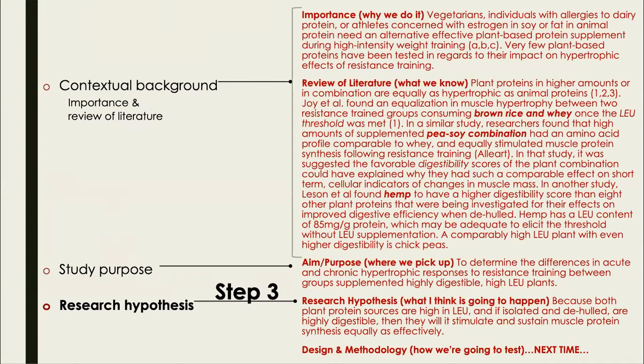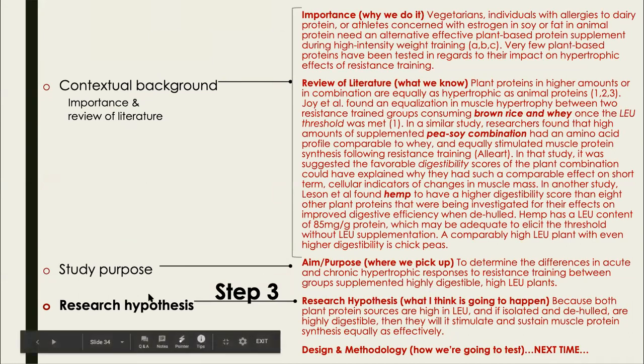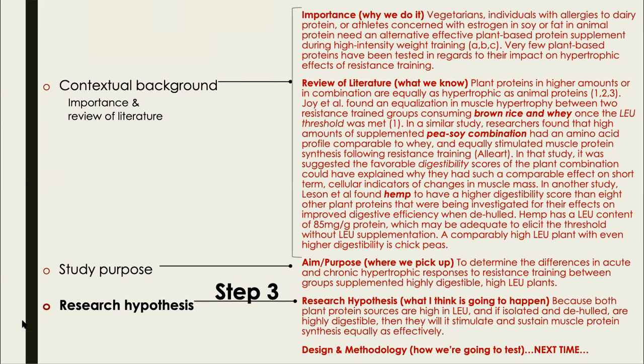So then step 3 would be coming up with your research hypothesis. For example, we did our literature review, and we want to look at the differences in acute and chronic hypertrophic responses to resistance training between groups supplemented with highly digestible, high leucine plants.